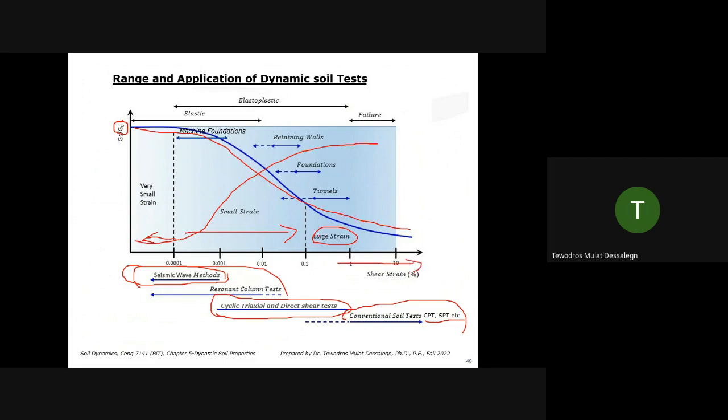If somebody asks you what a large strain problem is, slope stability is a large strain problem. We allow the slope to slide and fully mobilize lateral stresses. In terms of designs, machine foundation is a small strain problem. We don't design machine foundations to have significant strain.